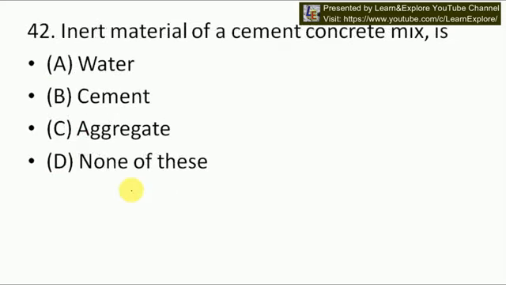Our next question is, inert material of a cement concrete mix is water, cement, aggregate, or none of these. So what is the inert material? It's nothing but aggregates. Okay, so inert material of cement concrete mix is aggregates.